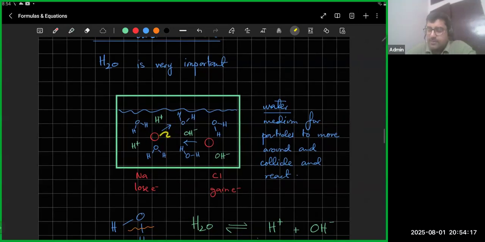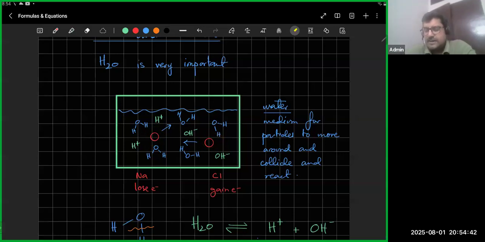So water is everywhere, and I told you. Okay, why was water important? Because it's very hard for particles to meet each other. So water provides the medium in which these particles can float around, move around, collide, and do reactions. They can lose electrons, they can gain electrons. But for that to happen, the particles need to meet each other, and that would be impossible if they're not floating in water.